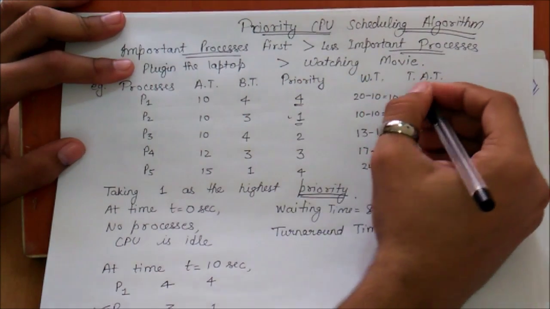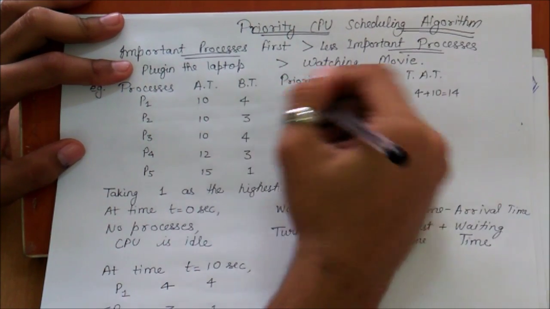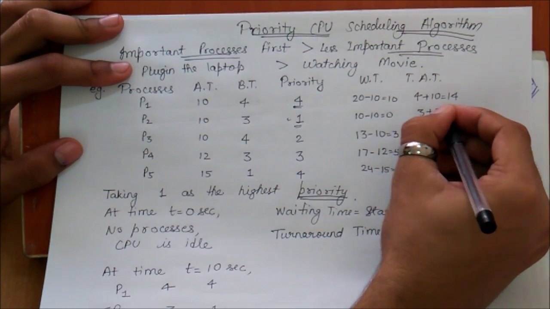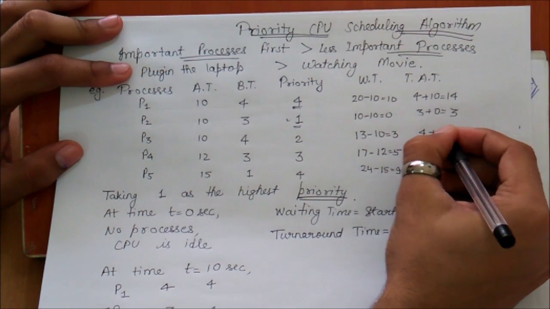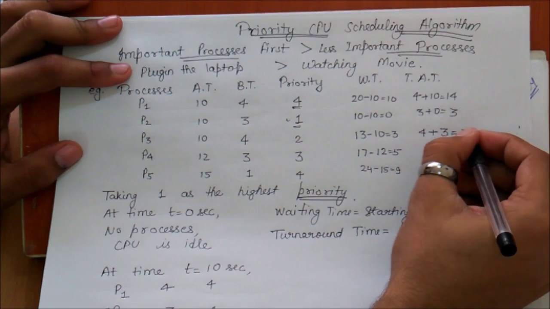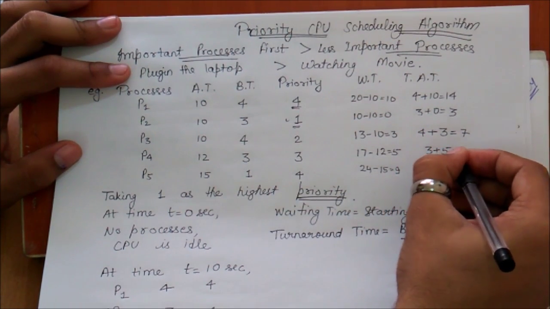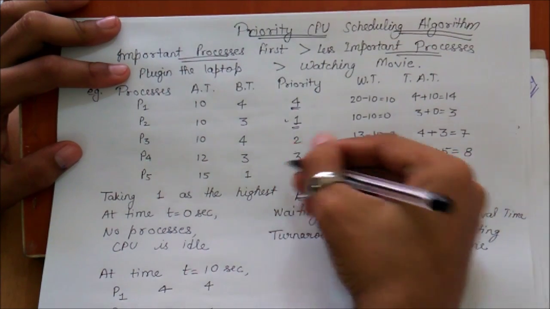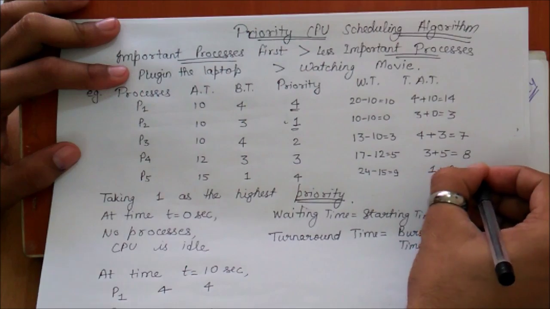Now here the burst time is 4 and the waiting time is 10, that equals 14. Here the burst time is 3 and the waiting time is 0, which is 3. Burst time is 4 and the waiting time is 3, which equals 7. Here the burst time is 3 and the waiting time is 5, which comes out to be 8. Here the burst time is 1 and the waiting time is 9, which comes out to be 10.